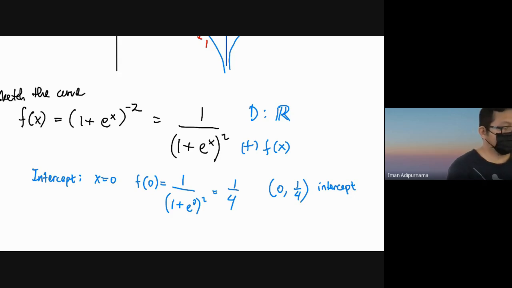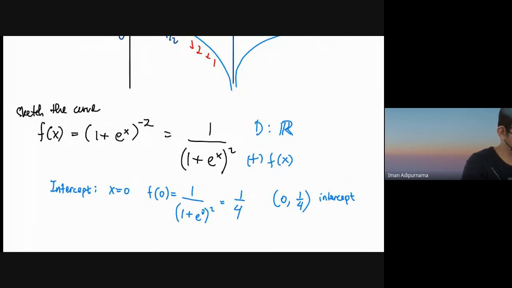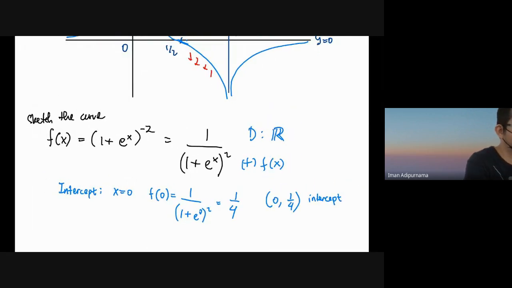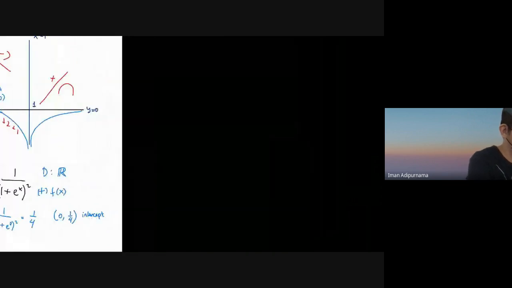Because it's possible on all real numbers, probably there will be no vertical asymptote, right? No vertical asymptote. And then for the horizontal asymptote, we can check. Okay, let me move to the next slide.